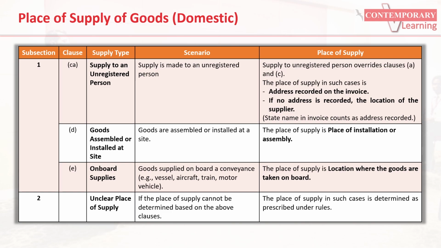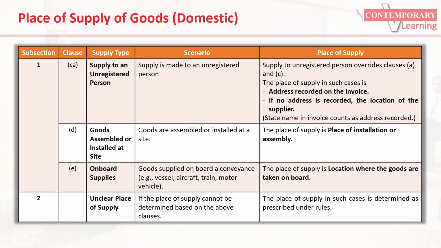Here's a crucial point. Supplies to unregistered persons override the normal rules. The place of supply becomes the address recorded on your invoice. If there's no address, then it defaults to your location as the supplier. Remember, even just mentioning the state name counts as an address.